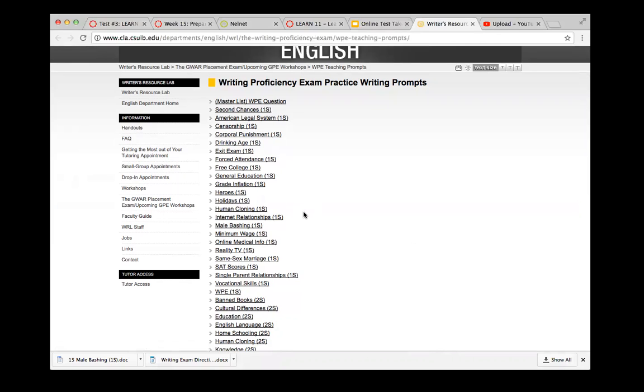And again, even if you print this out and you write it and you time it for yourself, you can go to the Writing and Reading Success Center at LAC, or see a writing tutor at PCC. And they will go over your responses with you and help you through that. That is a fantastic way to prepare, okay?